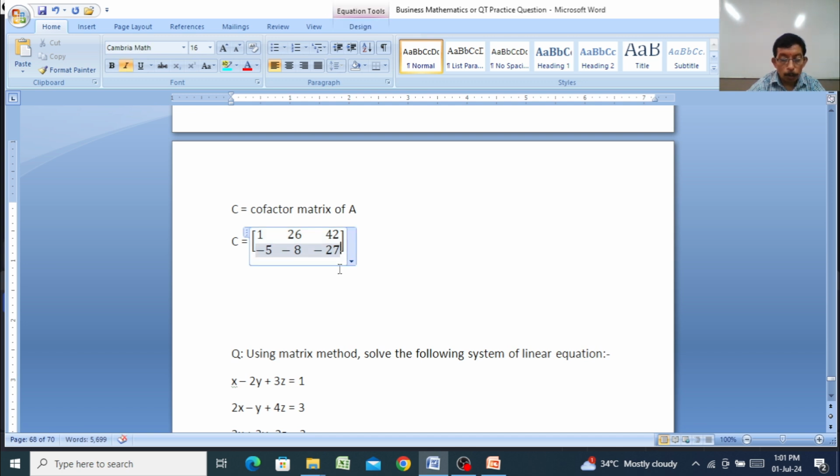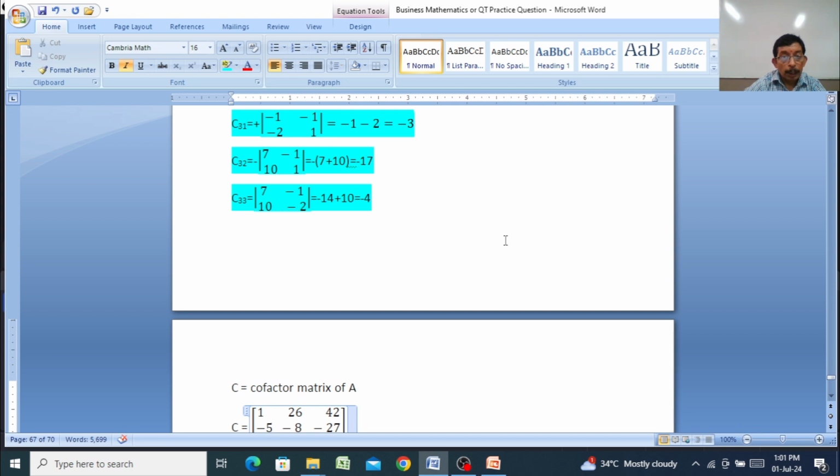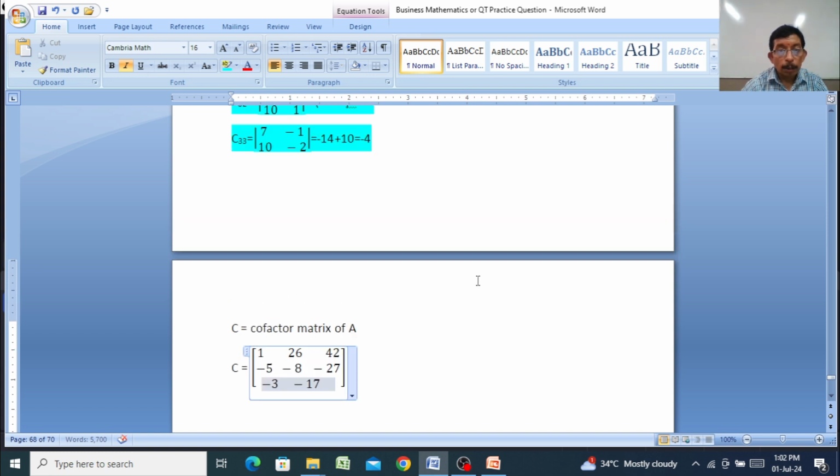Now the last row cofactor: minus 3, minus 17, minus 4.